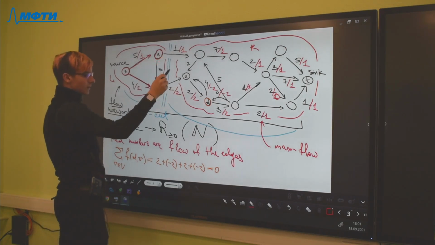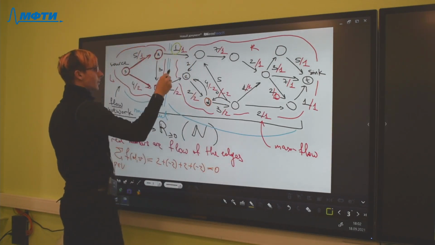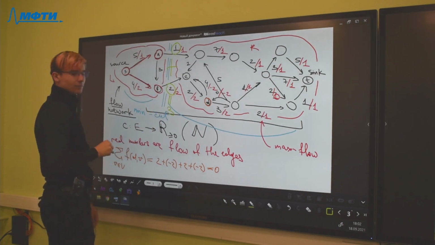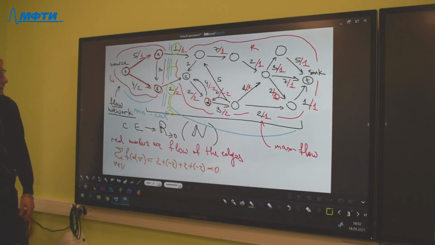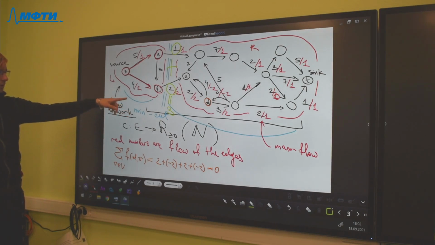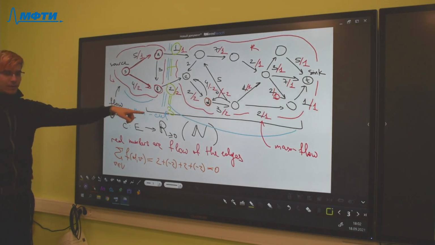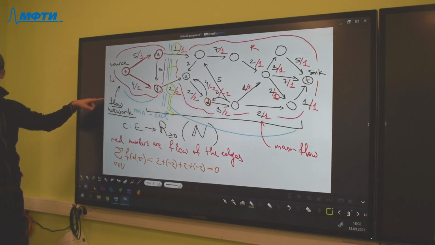Okay, we see that the sum of these two capacities is 3. Yeah, and it's equal to the flow that we have in this network. And of course we said that each cut and each flow have values such that the value of the cut is bigger than the value of the flow.